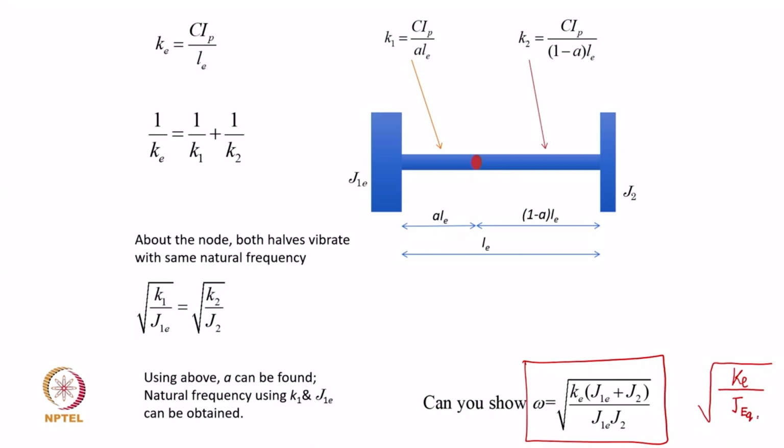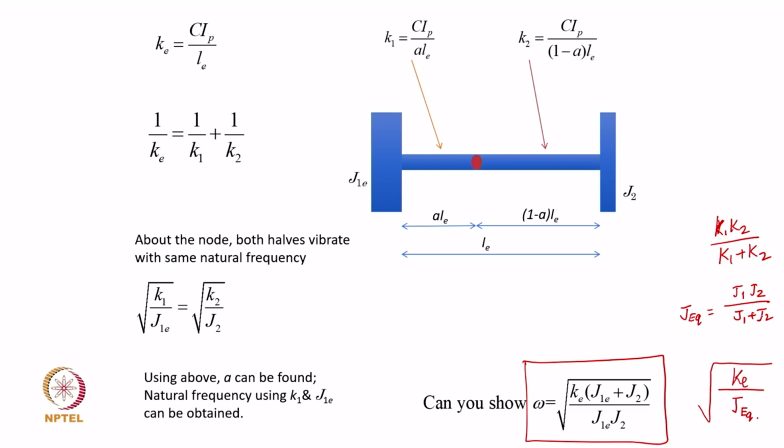So, this is like two inertias in series. Okay. Just like two springs in series, we have an expression K1 K2 upon K1 plus K2, right. When the springs are in series, these two inertias are in series, and you can see that the expression for the equivalent inertia turns out to be J1 J2 upon J1 plus J2, right.